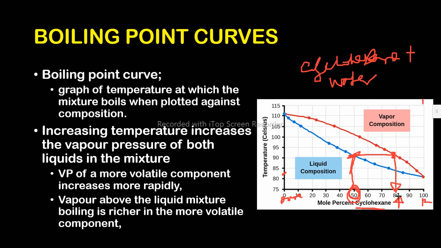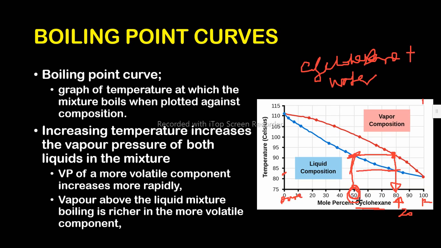Yes. Similarly, if we heat our liquid with such a composition that we manage to distillate or condense it, now because it has 20% water and 80% cyclohexane, then our liquid is going to boil at a temperature that is lower than the temperature at which a liquid mixture with 50% cyclohexane is going to boil.